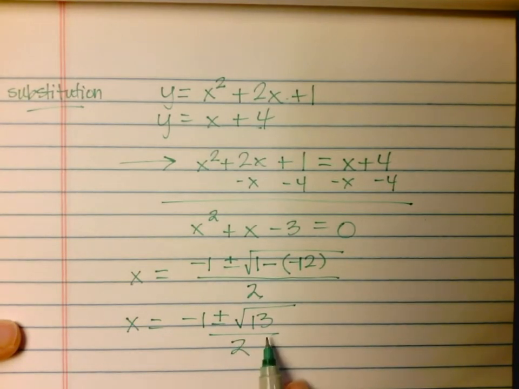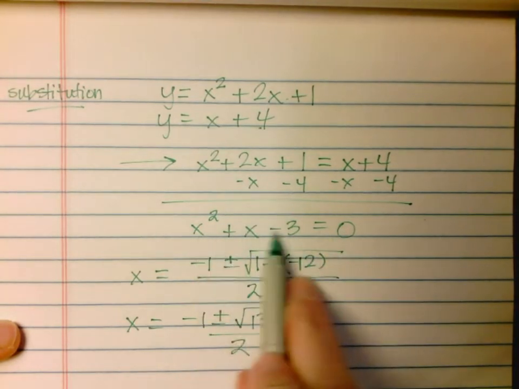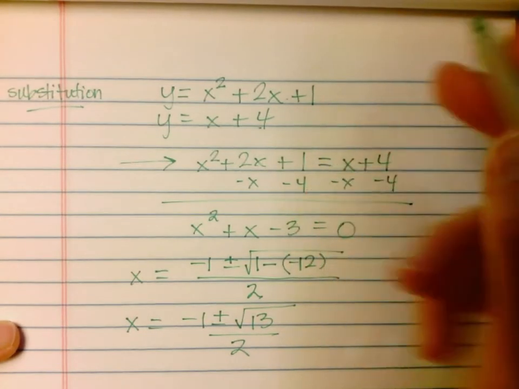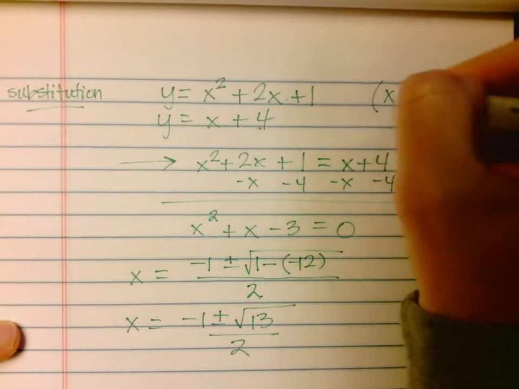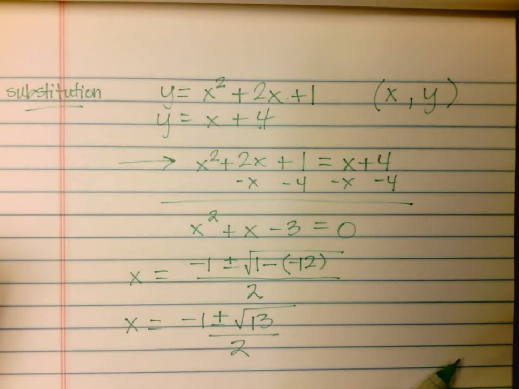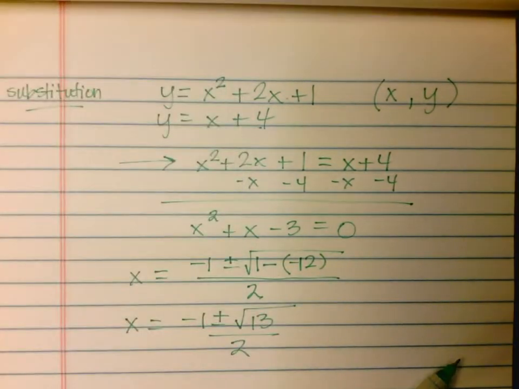Now, this is the x-coordinate that satisfies this equation, but we're solving a system. So I need an xy coordinate. I need to know the y value. Well, wait a minute. If we look at this number, the square root of 13 is irrational.